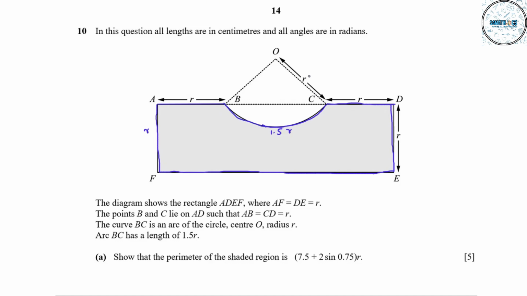We have to take out the length of BC so that we can find out the length of this EF.